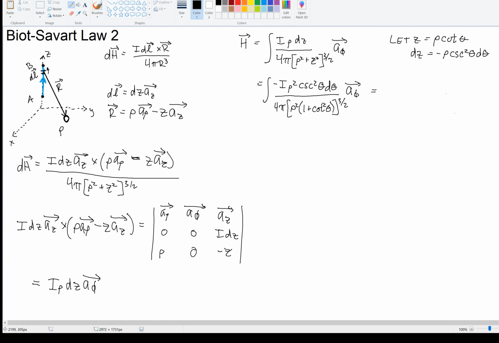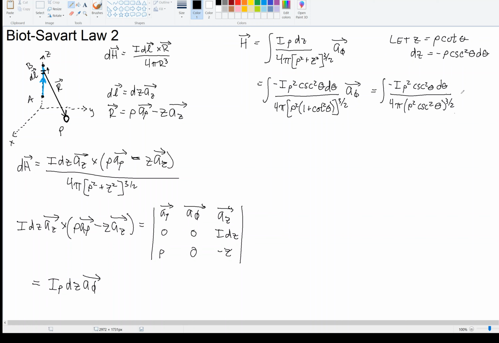Now I can apply a trigonometric identity in the denominator. That 1 plus cotangent squared is cosecant squared. I'm going to leave the numerator alone for right now. Notice I haven't put any bounds on my integral yet because I'm still finagling it a little bit. So this becomes rho squared cosecant squared of theta to the 3/2.